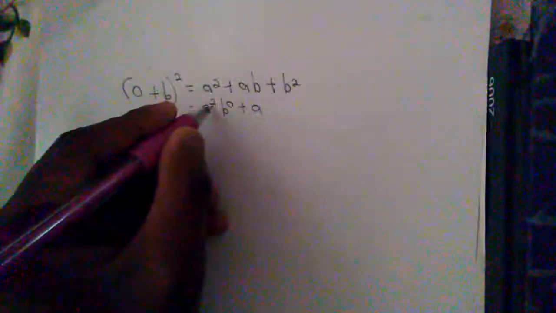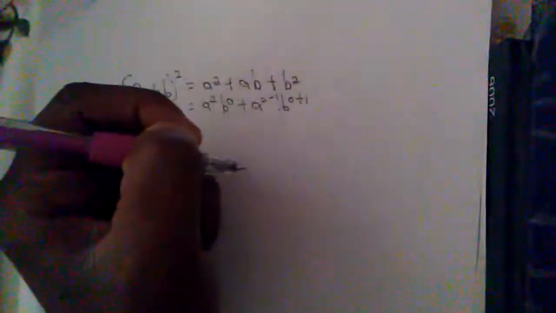And then plus a, and like the first a, we know that it was powered by 2. So it will end up here being 2 minus 1. And then from there it will end up being b, since b was actually powered by 0, so b powered by 0 plus 1.